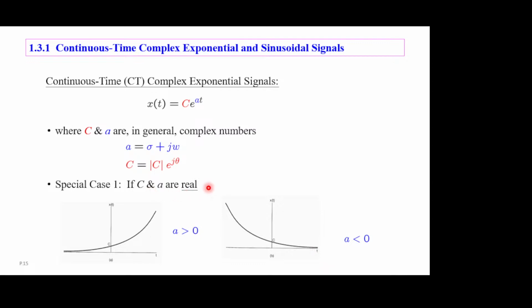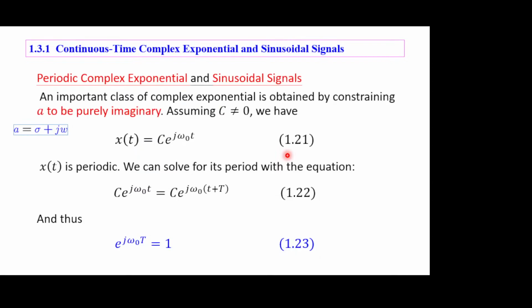So they are both real. Then a bigger than 0 gives an exponential growth function, and a less than 0 gives an exponential decay function. That's one of the behaviors this complex exponential can have. But actually we care more about the quite opposite signal: periodic complex exponential and sinusoidal signals.